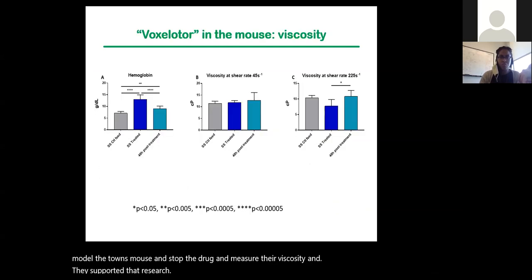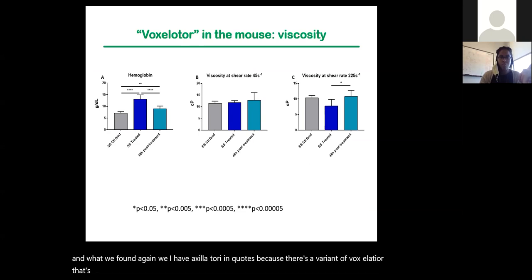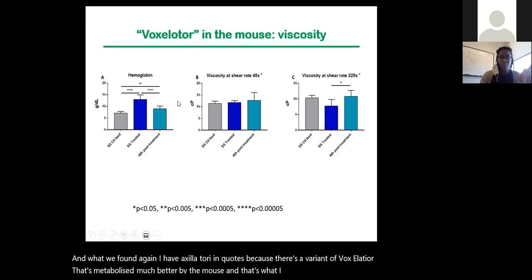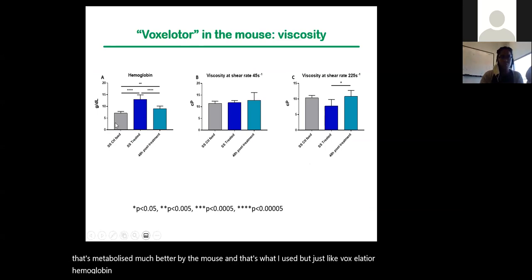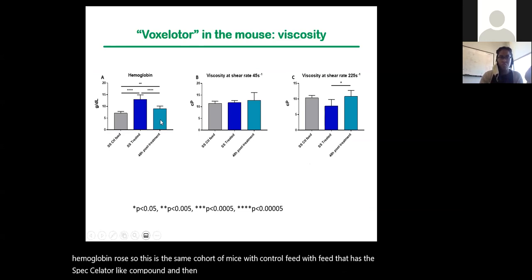And what we found, again, I have voxelotor in quotes because there's a variant of voxelotor that's metabolized much better by the mouse, and that's what I used. But just like voxelotor, the hemoglobin rose. So this is the same cohort of mice with control feed, with feed that has this voxelotor-like compound, and then the hemoglobin once we've stopped therapy.